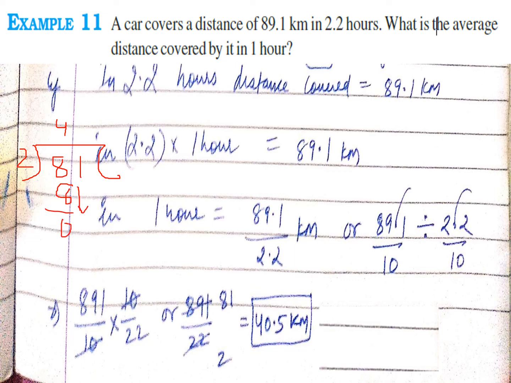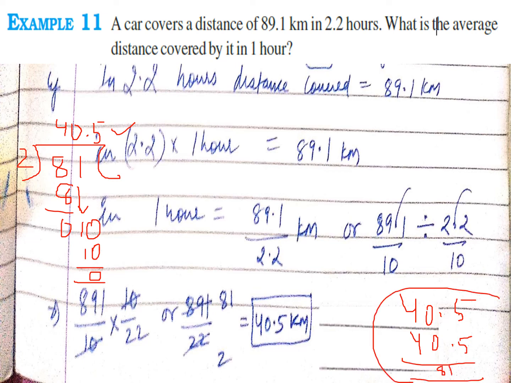Now this 1 came, put a 0, a point, this 0 will come, 2 5s are 10. Done. So the answer is 40.5 kilometers. If you want to check, just add 40.5 two times, you will get the same number back, 81. You can verify like this also.